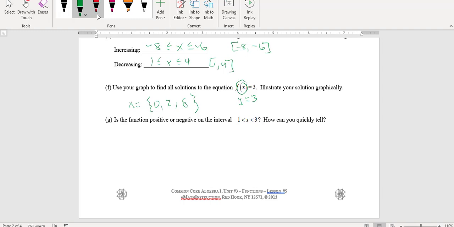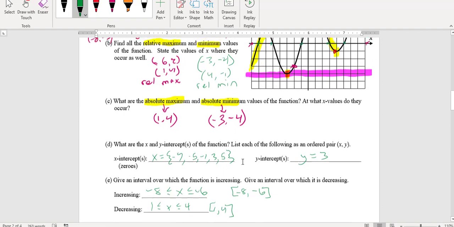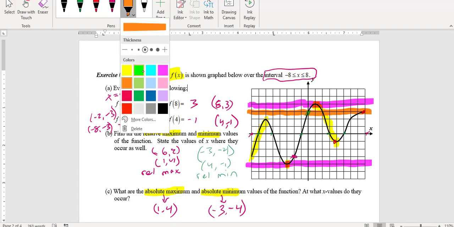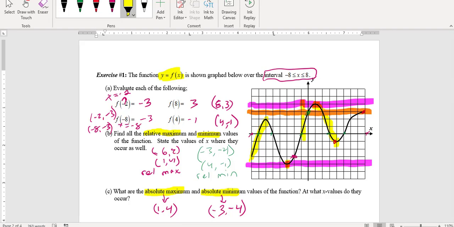Okay. Lastly, is the function positive or negative on the interval -1 to 3? And how can you quickly tell? So if we look from -1 to 3, if I look from -1 to +3, is the function positive or negative?